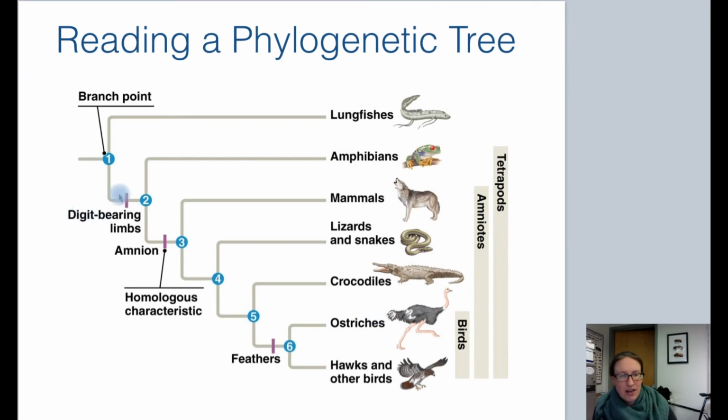So prior to this point, all of these organisms share in common with each other that they have digit-bearing limbs, and so that's a trait that distinguishes them from lungfishes, which do not contain digit-bearing limbs. Similarly, the amphibians do not have an amniotic sac around the eggs. That's a nutrient-filled sac. So the amnion distinguishes these other groups from the amphibians, and so forth and so on.